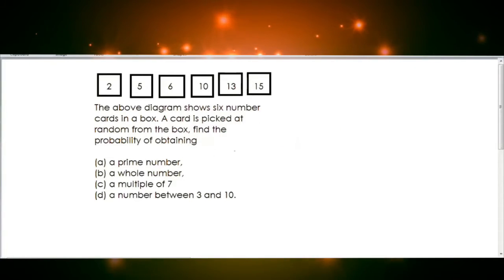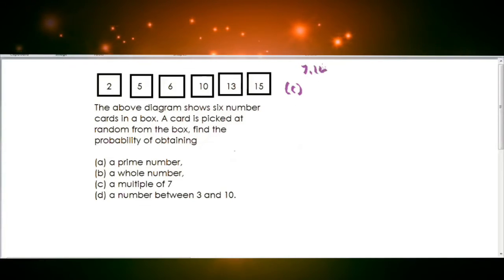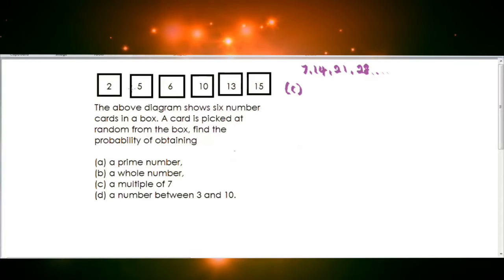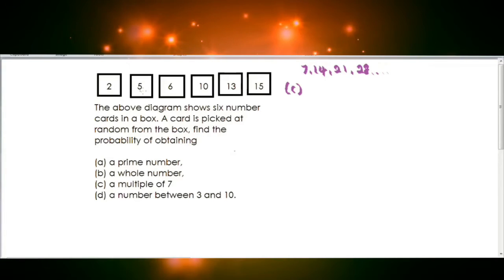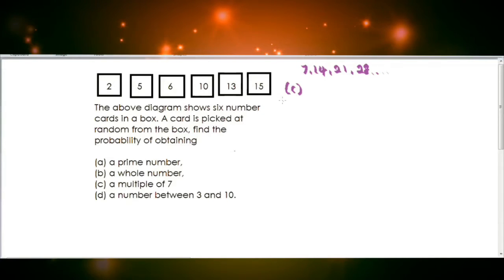Okay, for C, let's check the answer. We need to find the probability of getting a multiple of 7. As we know, multiples of 7 are 7, 14, 21, and then 28. In this group, it doesn't have any multiple of 7, right?